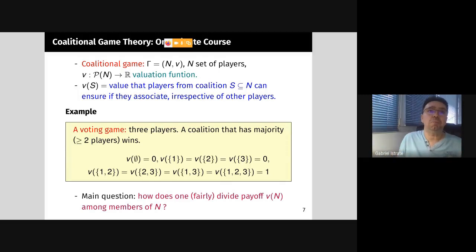One example, consider a scenario where you have 3 players and they want to agree on something, and you need a majority to vote for your proposal. So the empty coalition has value 0, it cannot do anything. Coalitions consisting of 1 person also cannot do anything. They don't have a majority, so their value is 0.